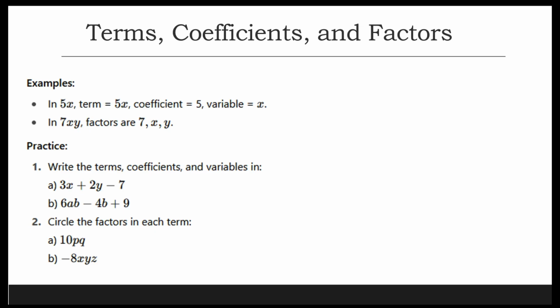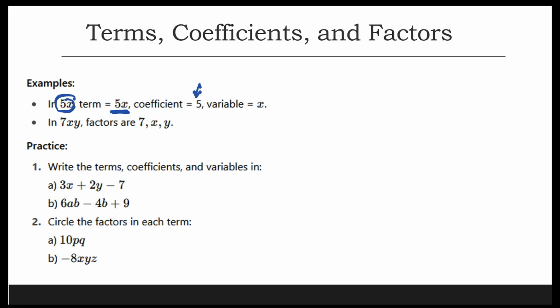Term, coefficient, and factors. So any value which has got both variable and a constant is called term. So for example, 5x, so 5x is a term. In this, coefficient is the constant. So 5 is coefficient.